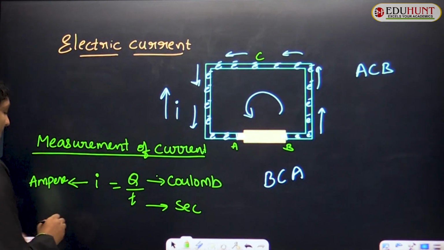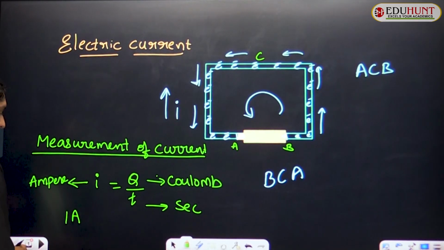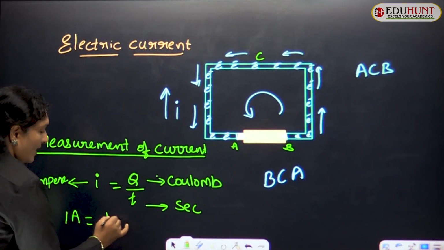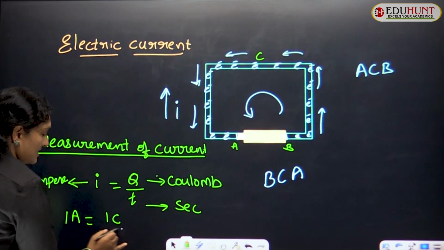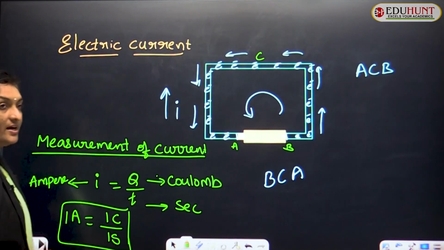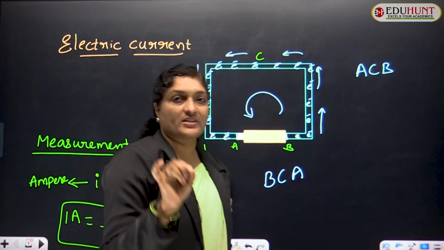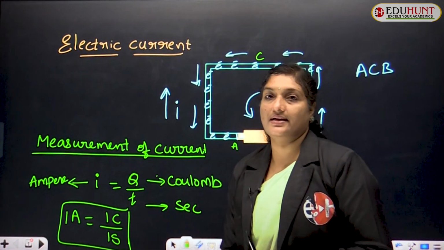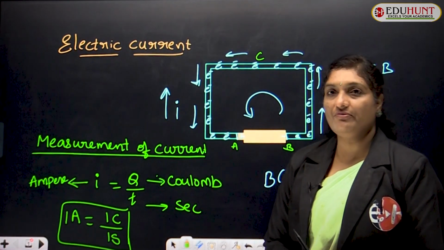So clearly, 1 ampere, symbolic notation A, is equal to 1 coulomb, symbolic notation C, per 1 second. So how do you define ampere, children? 1 coulomb of charge flowing per 1 second is considered 1 ampere of current.